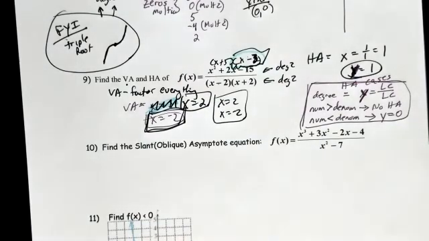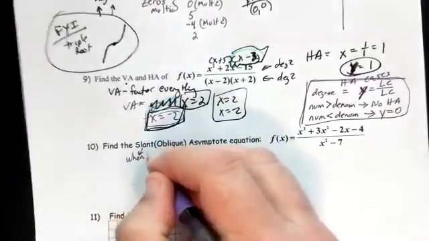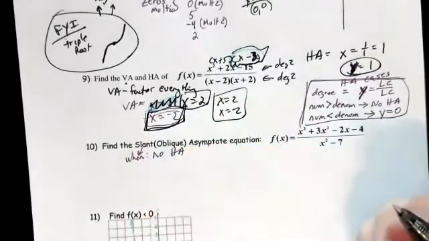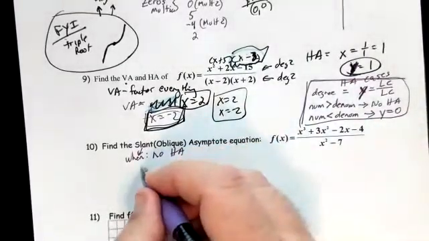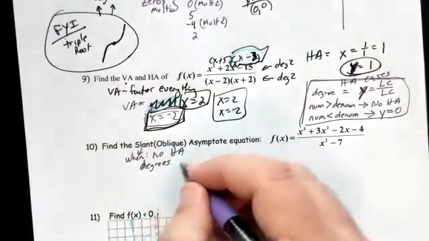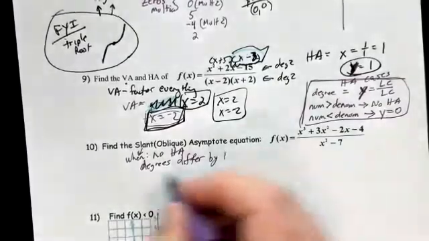Okay, this one does have a slant asymptote. Now, when does it have a slant asymptote? It's when there is no horizontal asymptote and the degrees differ by 1.